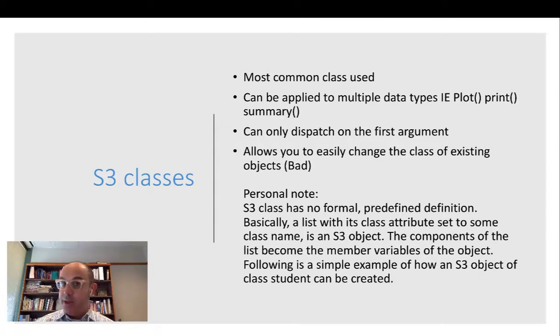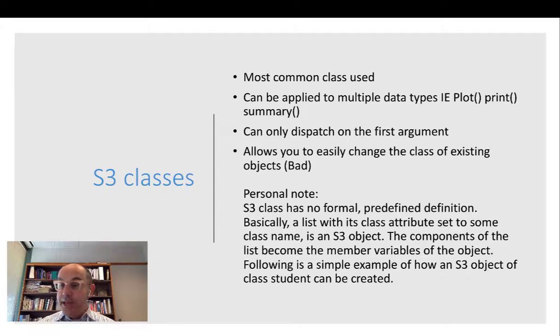The S3 is the most commonly used class. It can be applied to multiple data types, and it can provide the print function and the summary function, in comparison to the S4 that cannot do that. It can also dispatch on the first argument, so it allows us to easily change classes of an existing object.